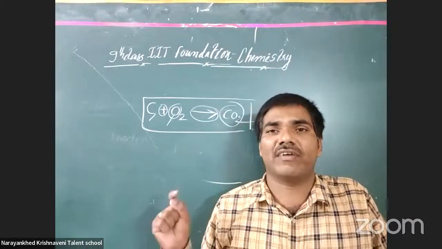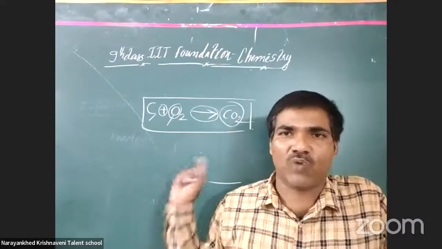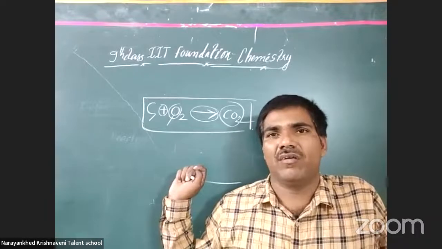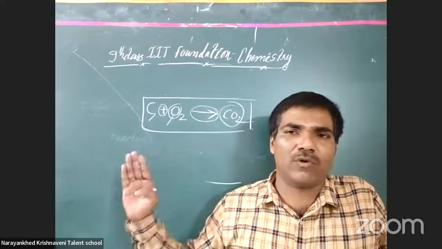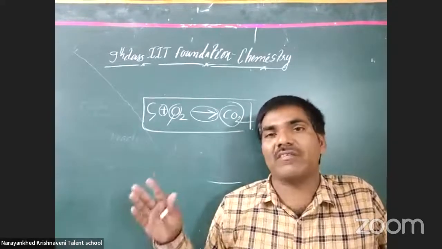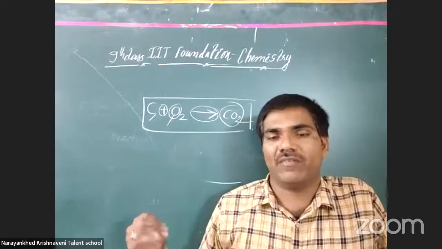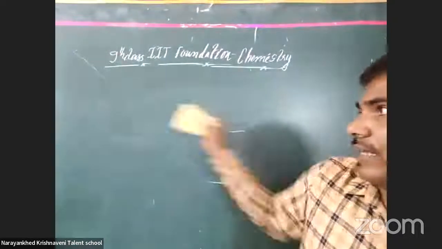What is the reason? Why does carbon combine with oxygen to form carbon dioxide? Why, how much time is taken, and what byproducts do we get? These are all the things we are going to discuss in one particular topic. That is called chemical kinetics.